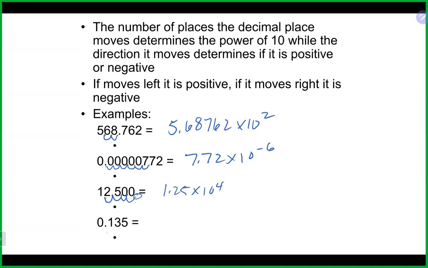And lastly, we will go one place to the right, and that'll give us 1.35 times 10 to the minus 1. So it's important to make sure you don't lose sig figs as you go from scientific notation to decimal form and back and forth. And as we will talk about, we'll know how to assume what is a significant figure in just a second. Any questions on writing that?